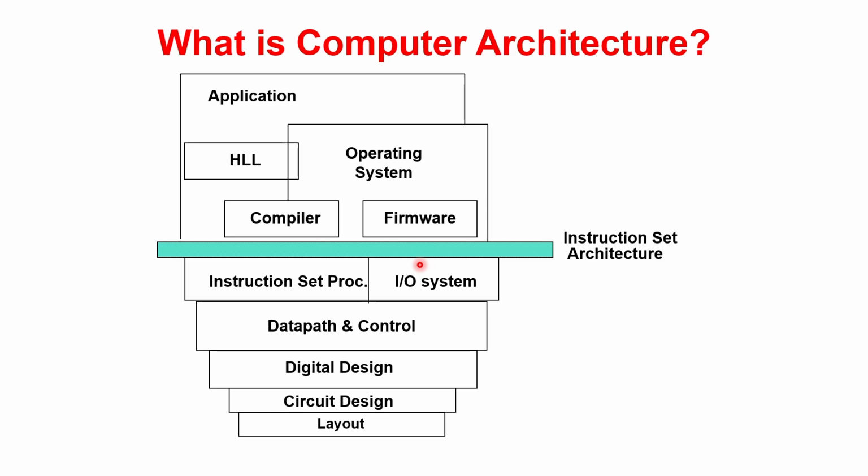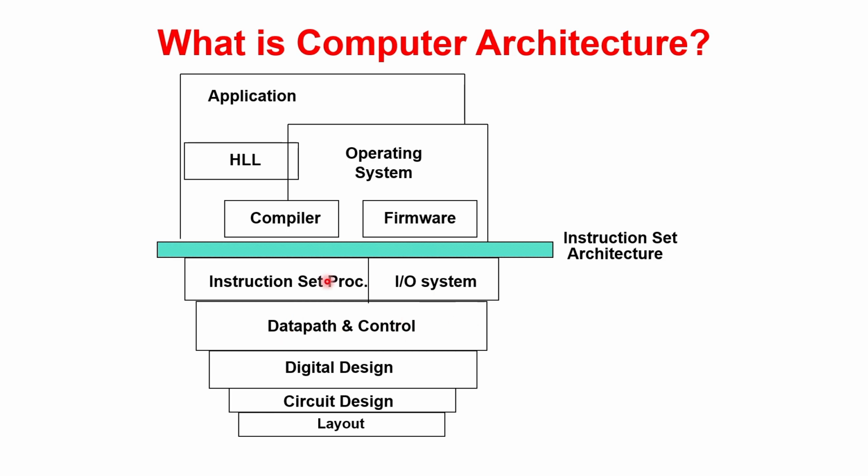Notice how everything above this line, including application, compiler, operating system, and firmware, is part of the software, and everything below this line is the hardware. Below the ISA, we have the instruction set processor and IO systems, followed by the data path and control. These are the hardware components that implement the ISA.